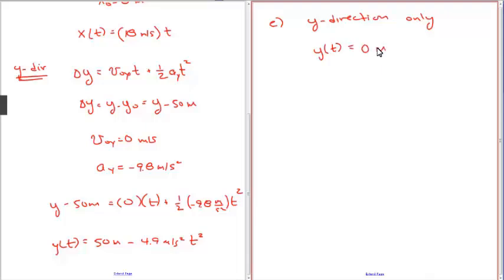So what we do is we say 0 meters is equal to 50 meters minus 4.9 meters per second squared times time squared. So now all I have to do is solve for time. What we'll get is t squared is equal to, subtract 50 from both sides, negative 50 meters divided by negative 4.9 meters per second squared, because the 0 here is just 0.